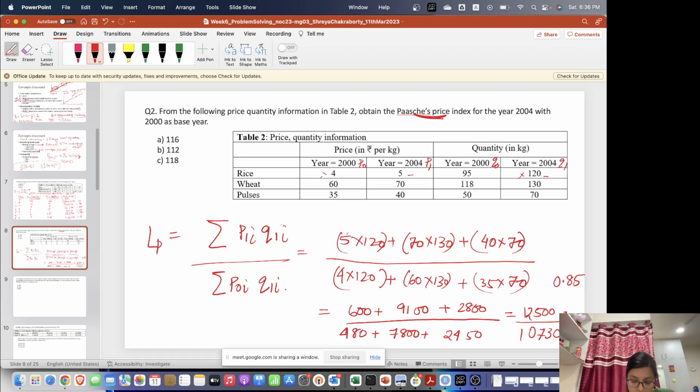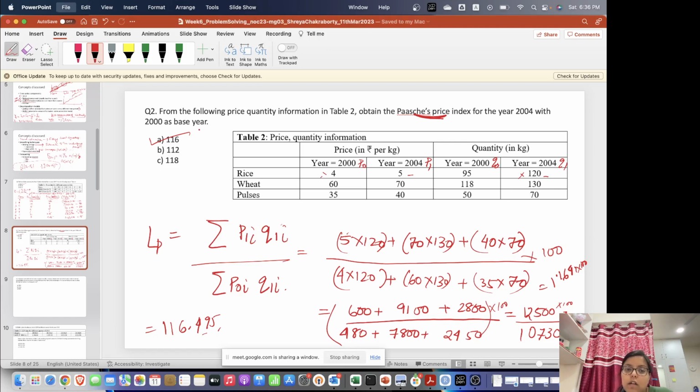Sorry, opposite: 12500 divided by this will be 1.1649 into 100. So everything into 100 we would have here. The answer would be 116.495 something. So it will be 116.